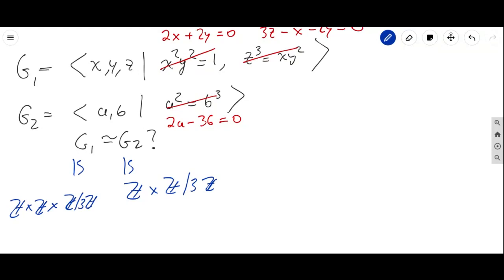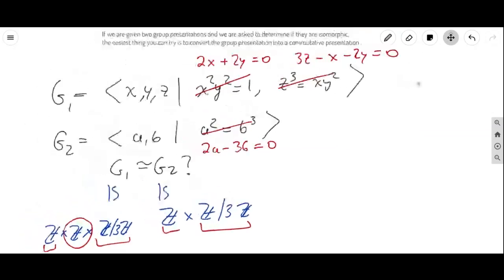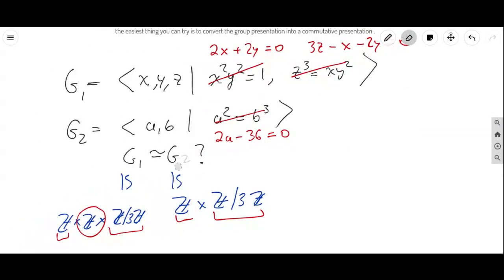Then you automatically know that these groups cannot be isomorphic, because there's a copy of Z mod 3Z over here, and there's one extra copy here that the other one misses. By the classification theorem, this one is not isomorphic to G2 as a commutative group, and so they will not be isomorphic to each other as groups in general without the commutative assumption.